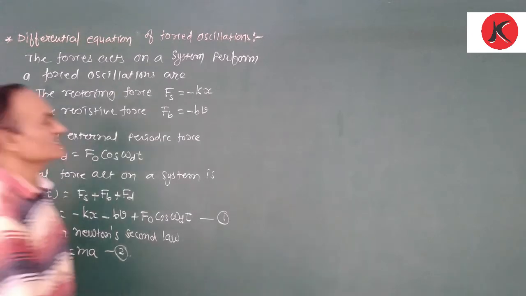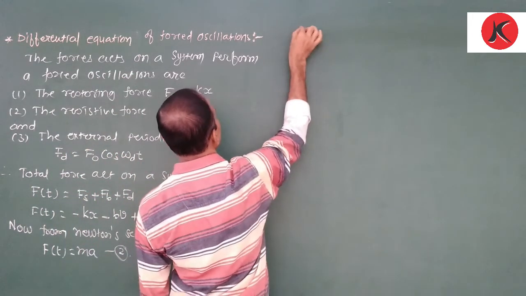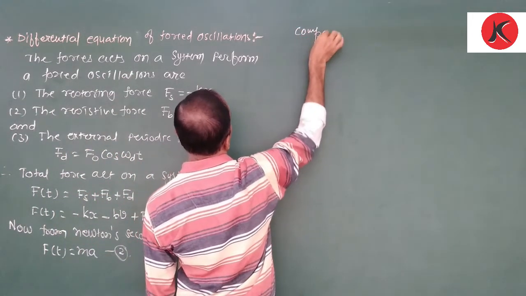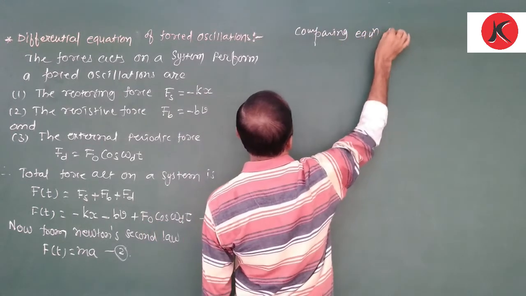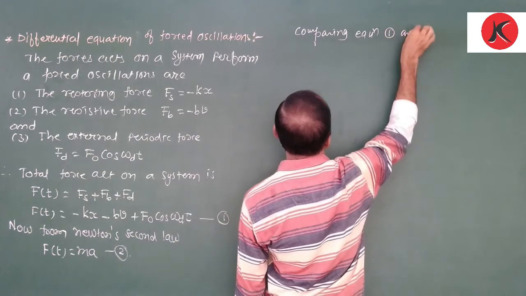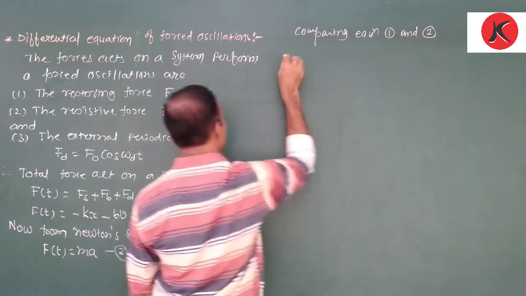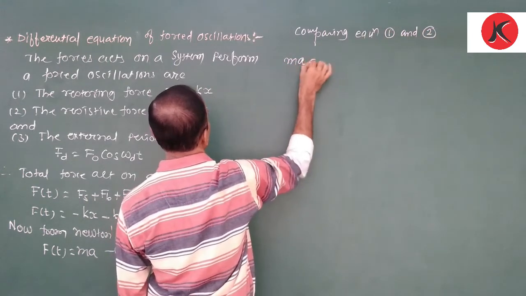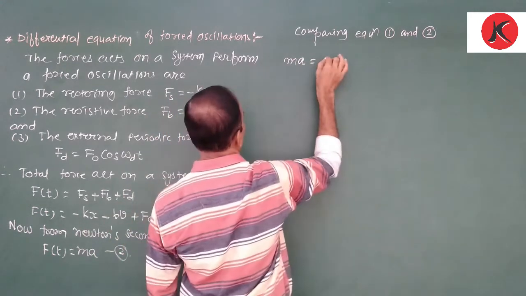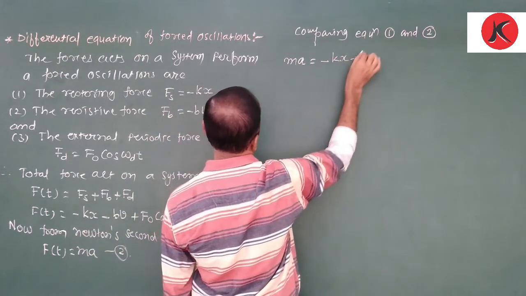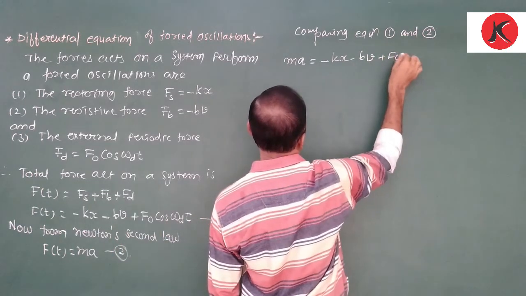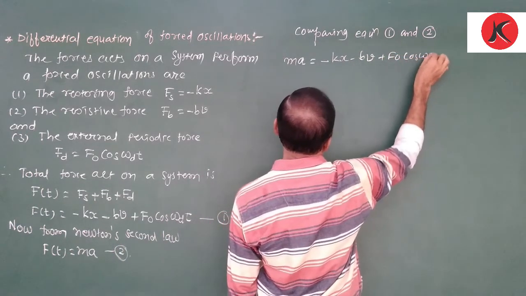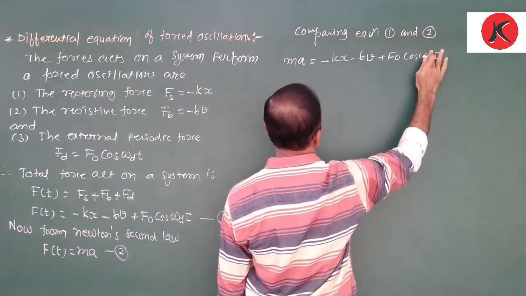Therefore, comparing equation 1 and 2, we obtain m a is equal to minus Kx minus bv plus F0 cos omega d into t.